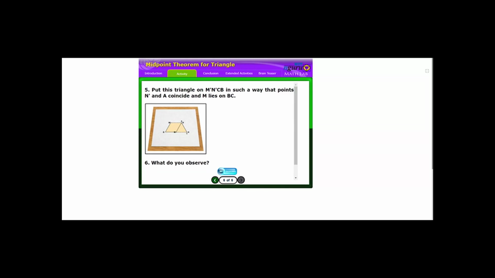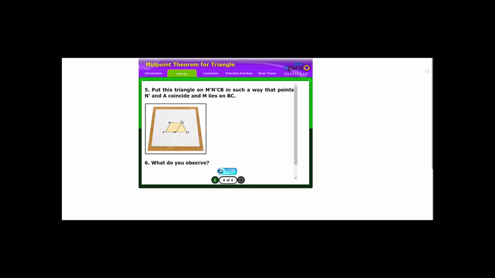Now, what should you do? You should put that triangle next to that such that points N dash and A coincide and M lies on BC. Coincide means they will be next to each other.